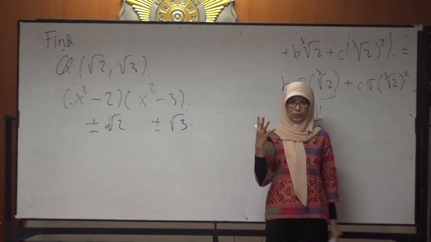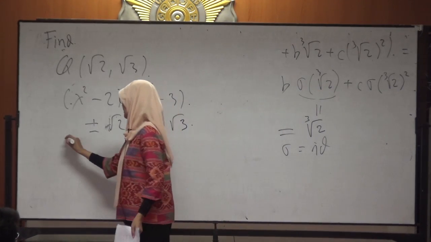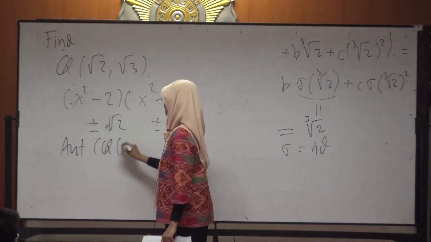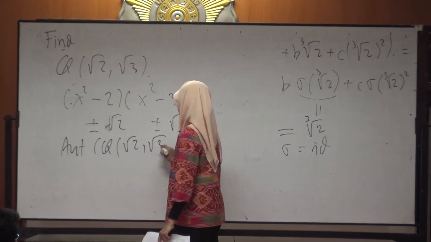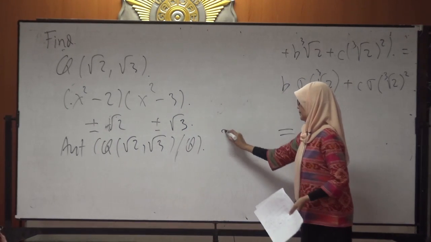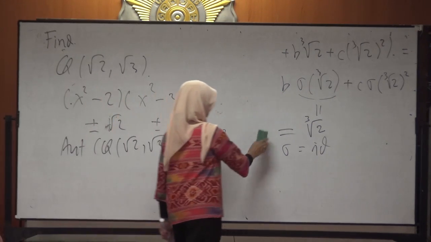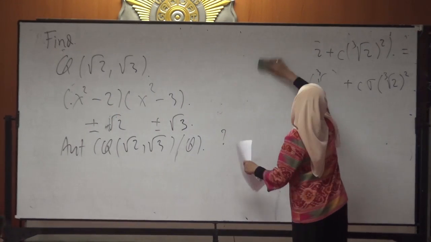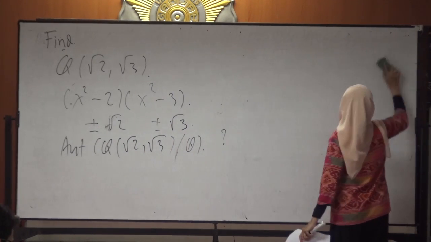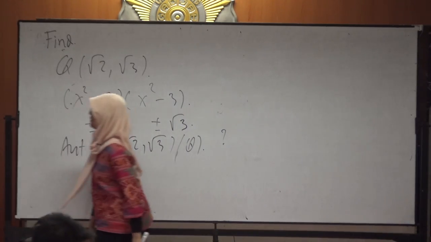So there are four roots here. And how can we find the automorphisms of Q(square root 2, square root 3)?